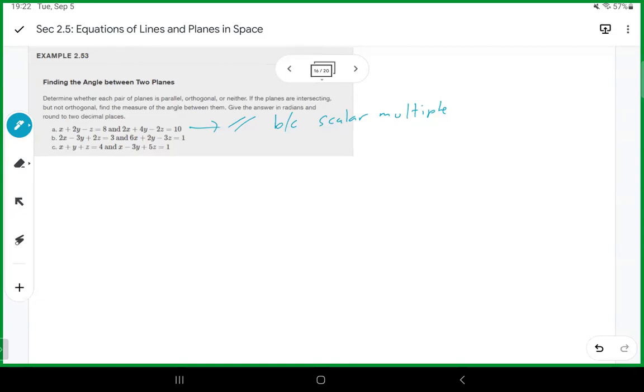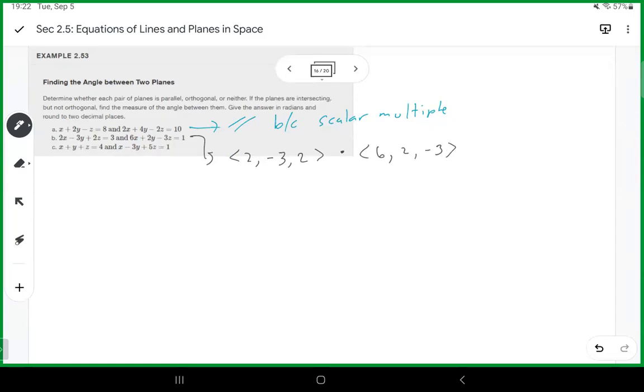Okay. So for B, we need to take the dot product of 2, -3, 2 dot with 6, 2, -3. And we have to see what that's going to be.